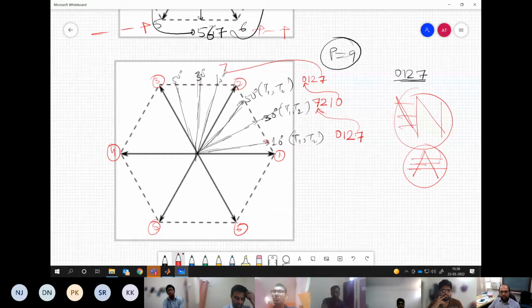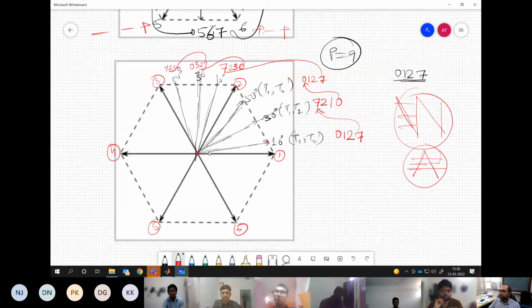Now after 7 the nearest active vector is 2. Then the next active vector is 3. Then the next 0 vector, or the closest 0 vector, is 0. And then it will continue with 0, 0, 3, 2, 7. Then with 7, 7, 2, 3, 0. Any confusion here? No, sir.